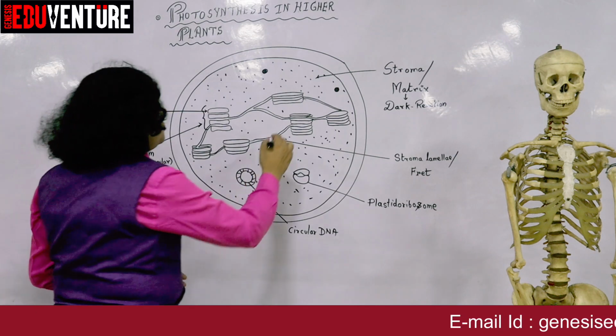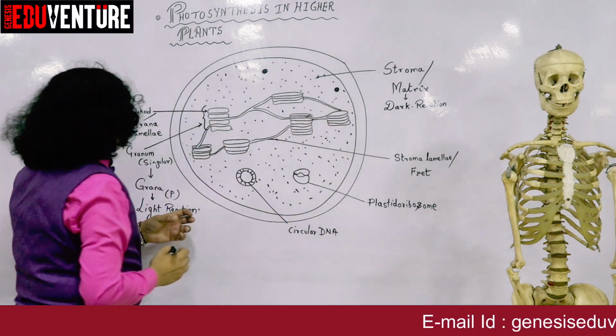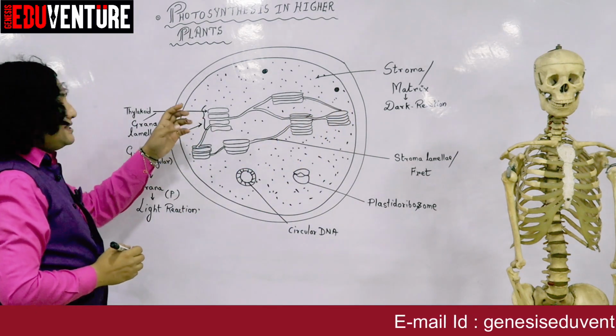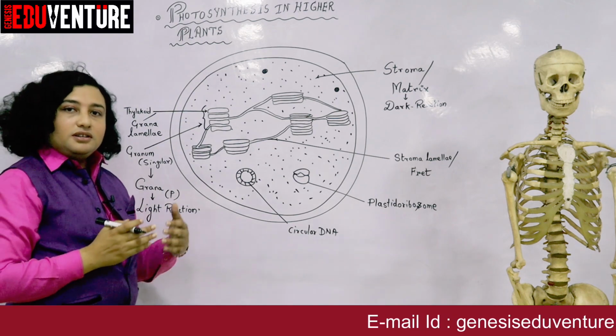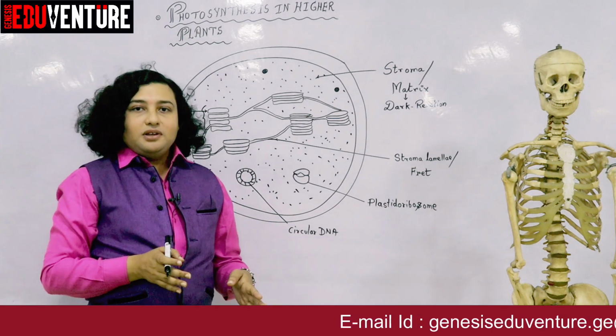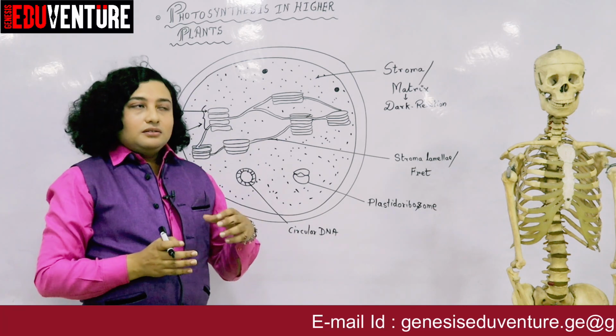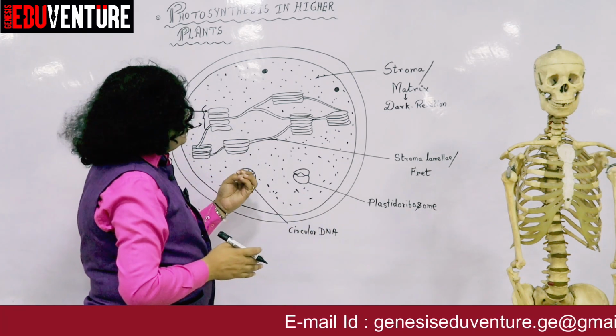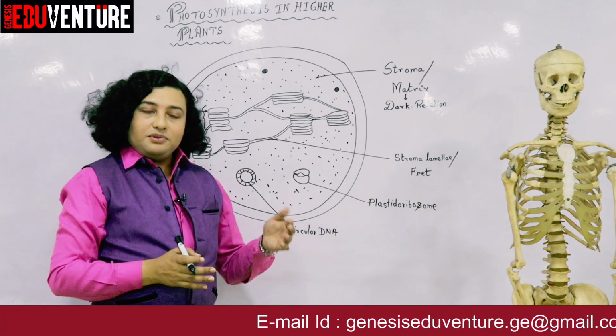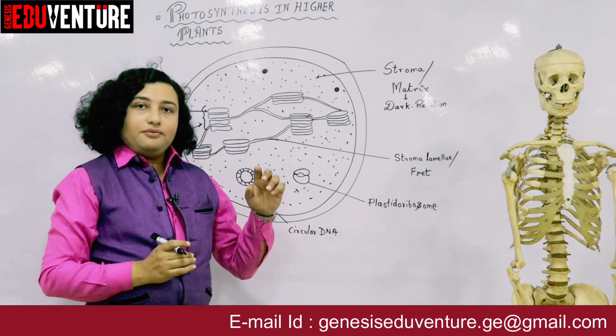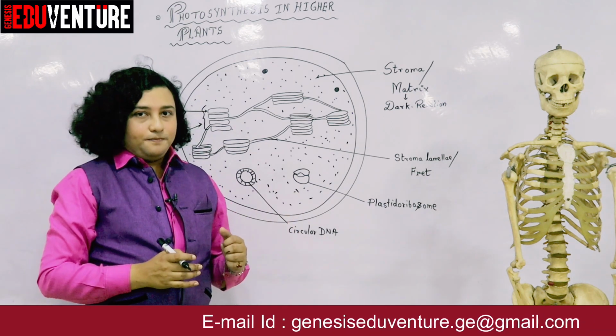Now here we are going to discuss that inside this single thylakoid, before the discovery of the electron microscope, it was found that there are certain small sac-like structures present within the thylakoid. They are referred to as quantosomes.